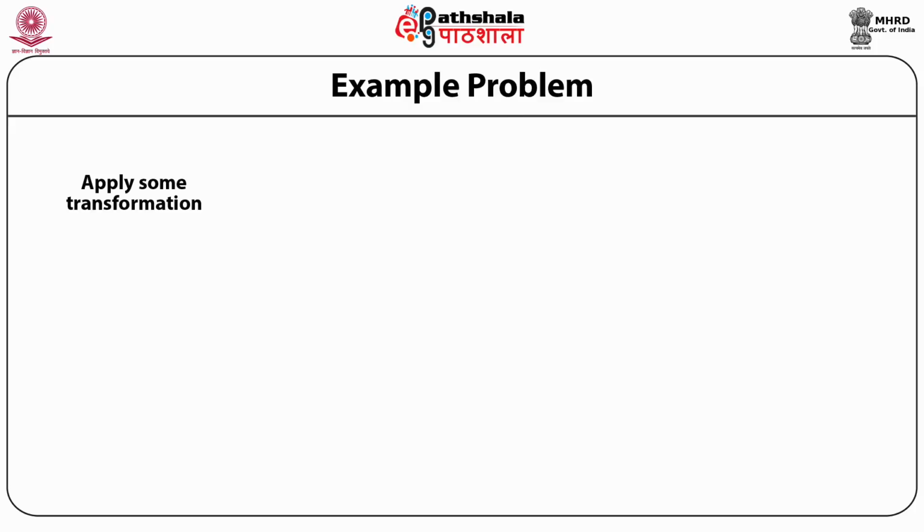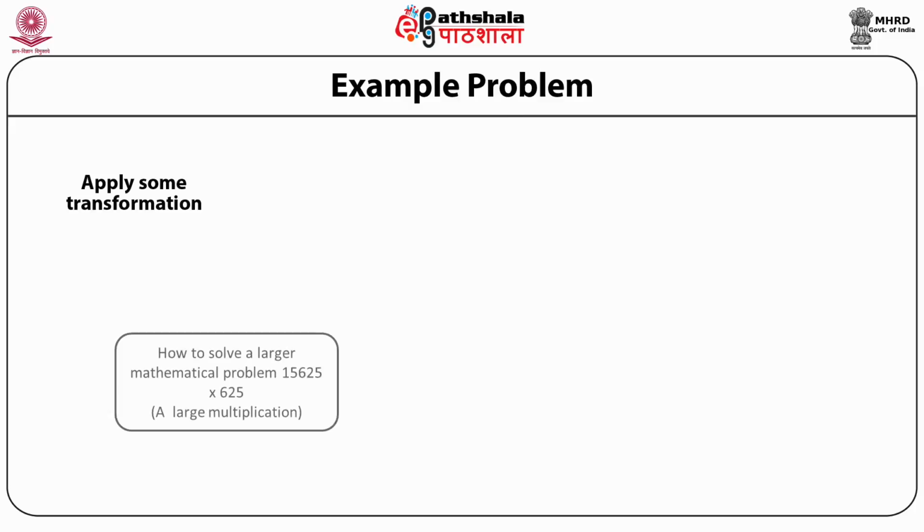Let us see an example. Let us see how to solve a bigger mathematical problem like a large computation or multiplication. Let us say 15625 into 625. How can we do this multiplication? It's going to be time taking. One easy way is to write the same in terms of powers.